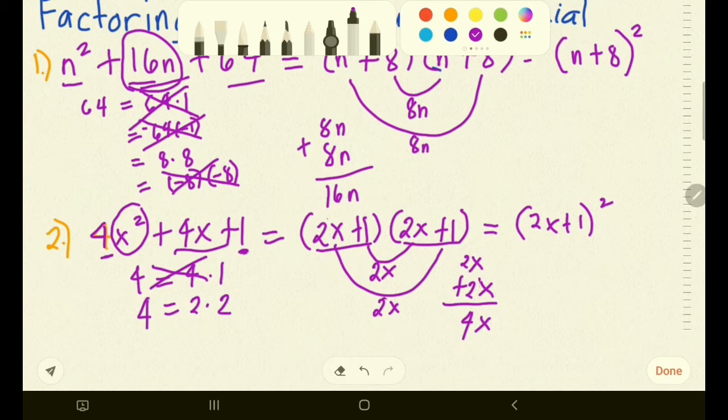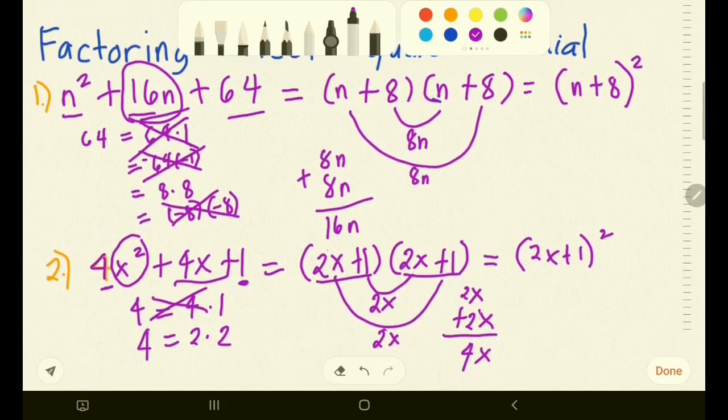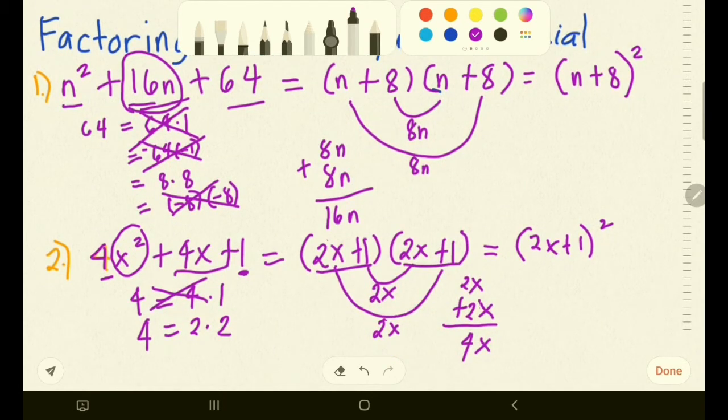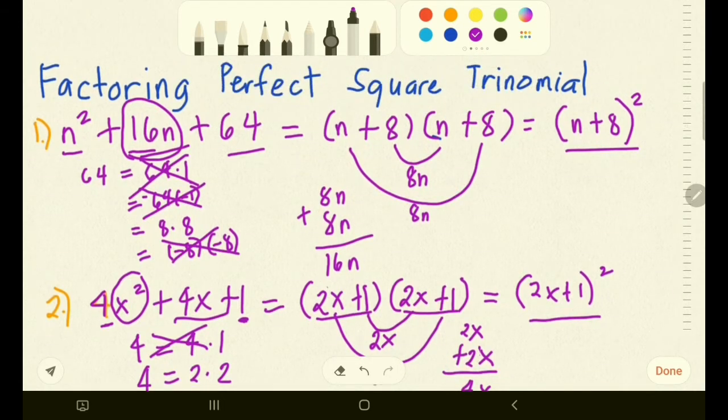Based on examples 1 and 2, notice that their factors are expressed to the power of 2. Class, as I said earlier, our topic for this day is factoring perfect square trinomial.